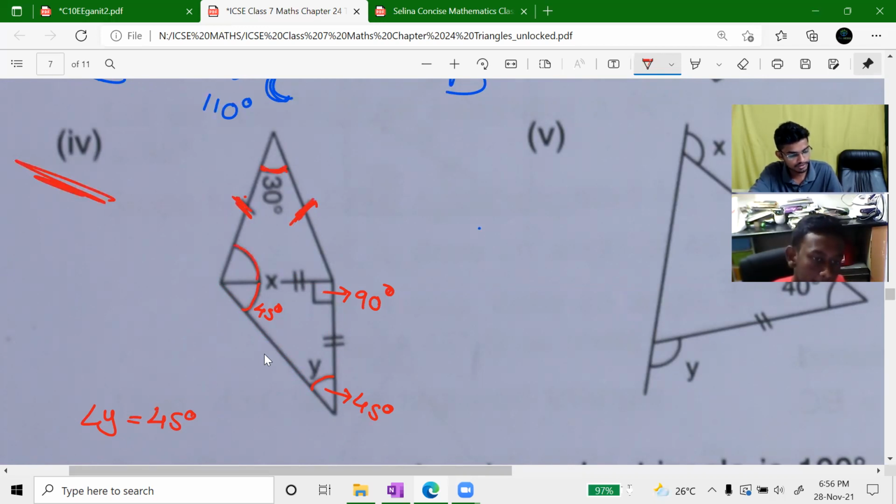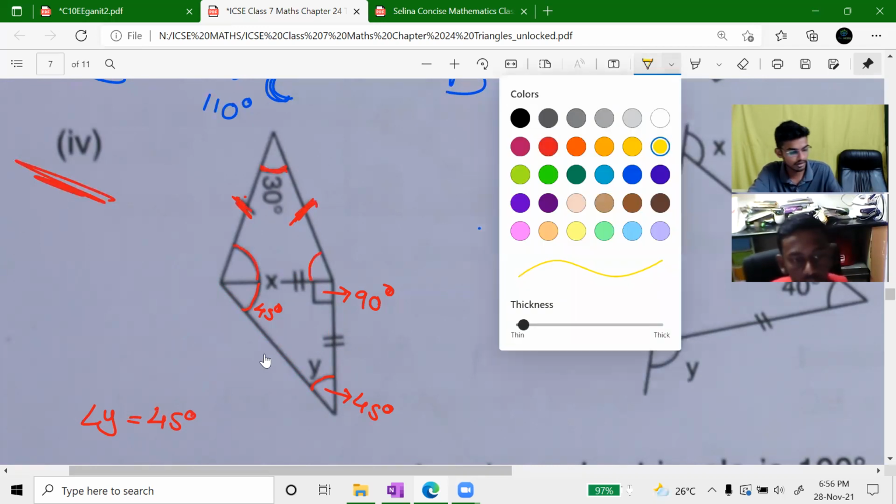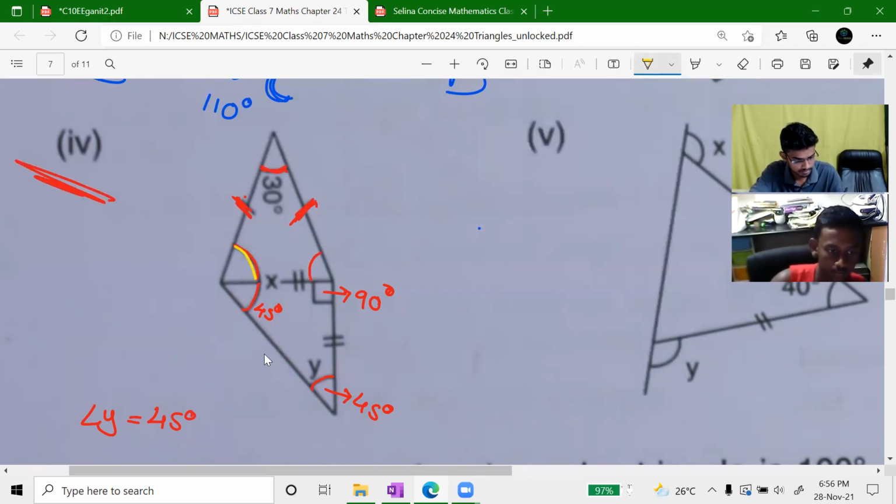If this is 30 degree, what will be the measurement of these two angles now? Come on, find it out and tell me. It is an isosceles triangle, beta? In an isosceles triangle, the two angles are equal, na?